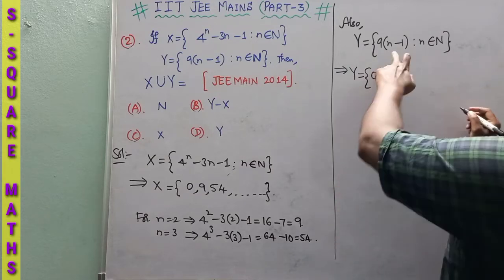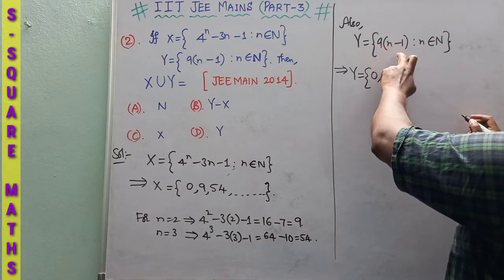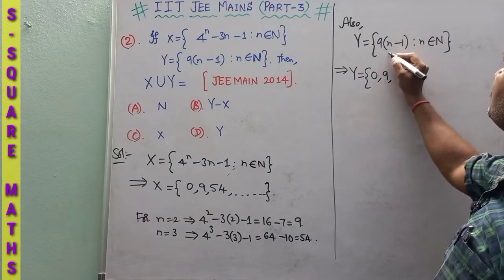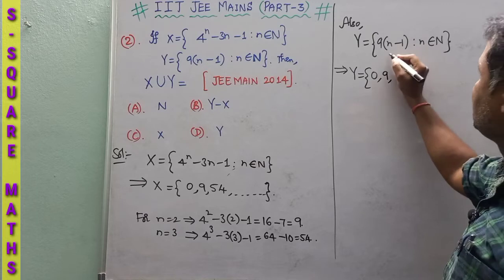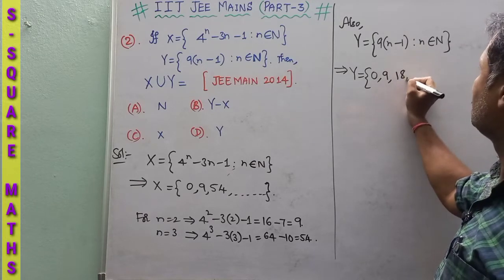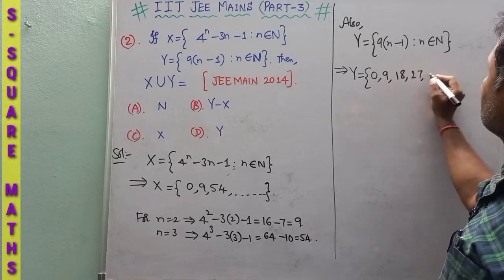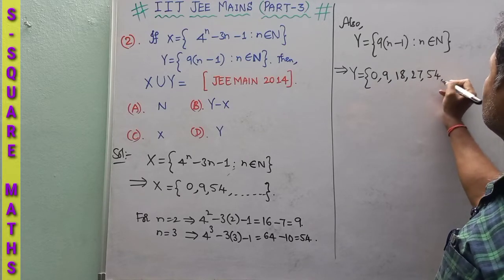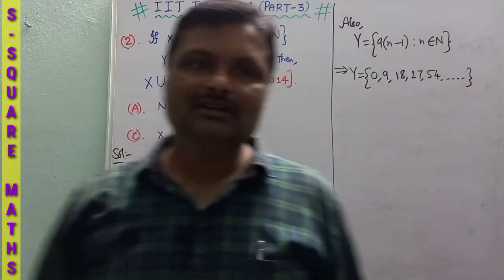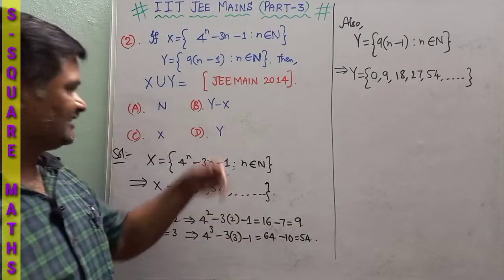Next, n is equal to 2, 2 minus 1 is 1, 9 ones are 9. Then n is equal to 3, 3 minus 1 is 2, 9 twos are 18, and so on, 27. So like that you are going to get the multiples of 9. Okay, so this is the x set and this is the y set.